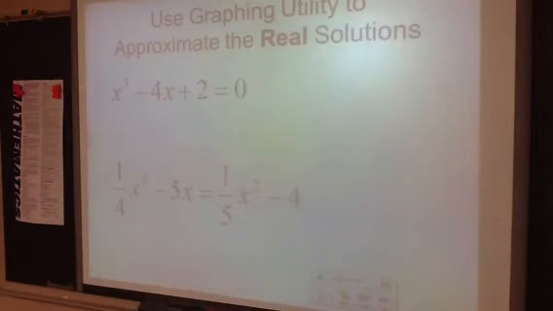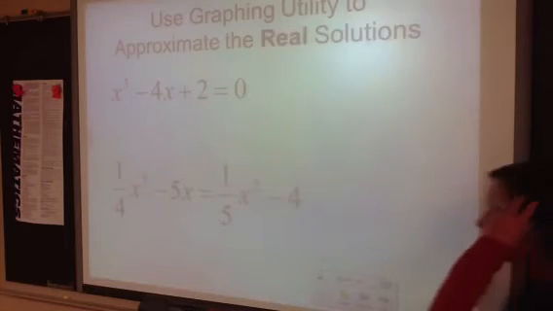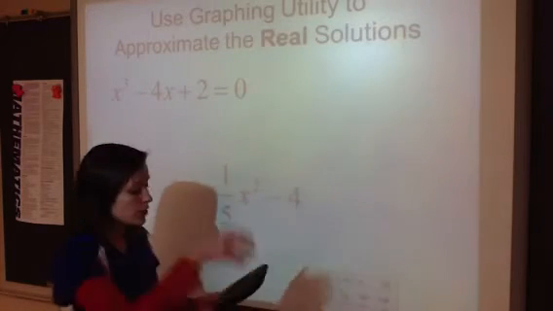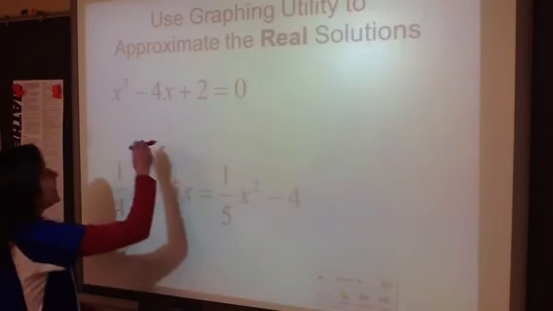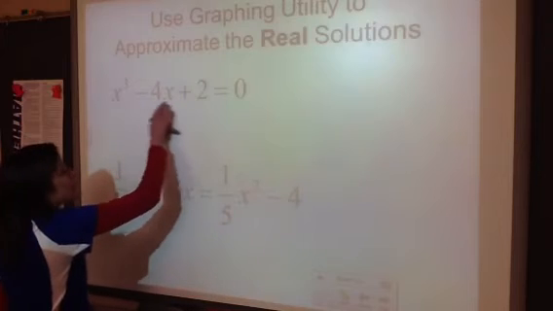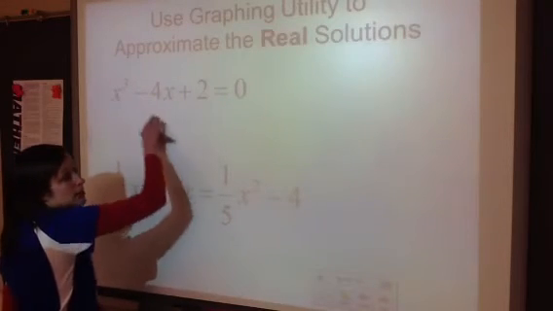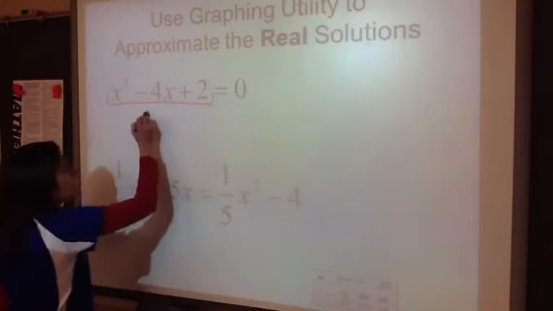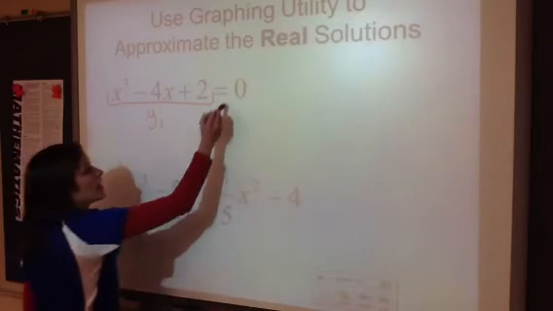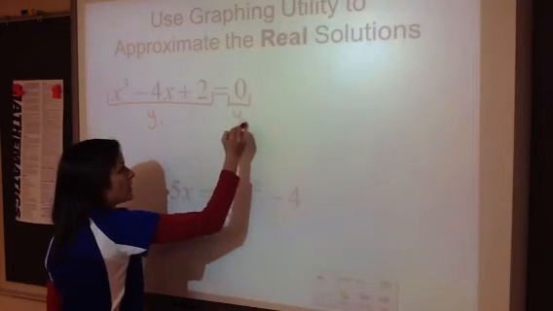All right, the next part says use a graphing utility. If you don't have a graphing calculator, just take notes on how to use the graphing calculator. What we want to do is find where our x values, if we put them into this equation, would equal 0. So I'm going to enter this into my y1 equation, and I'm going to enter 0 into my y2 equation.